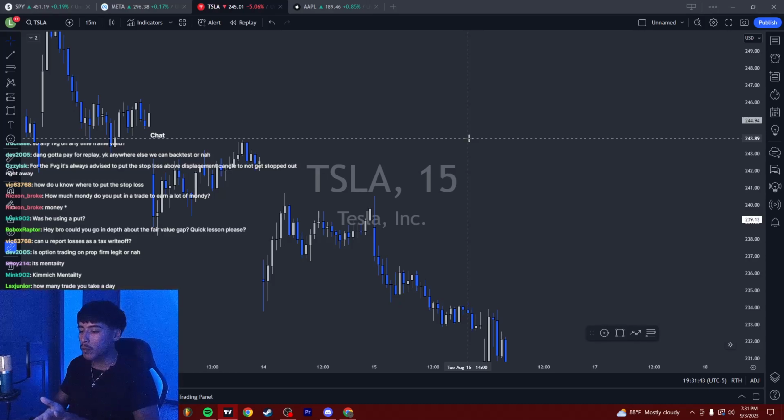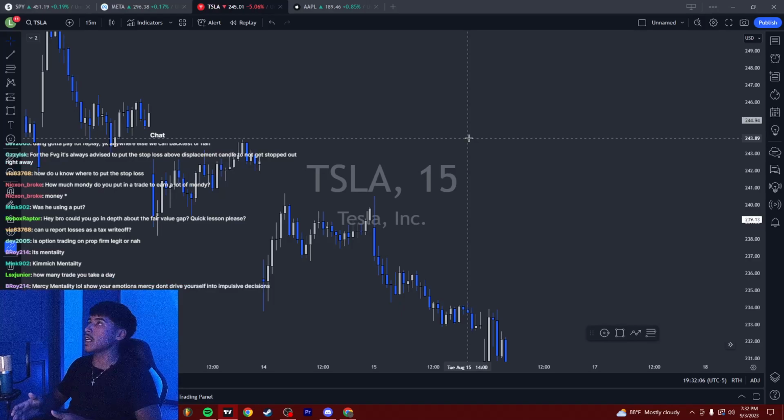Because they go in with small position sizes like 50, $100, $200, $250, depending on what their account size is. And those $250 turn into $1,000, $1,200, $1,250. That's how you're supposed to trade. That's how you're going to make those big numbers. It's by playing with smaller size because you're not scared to hold those positions.